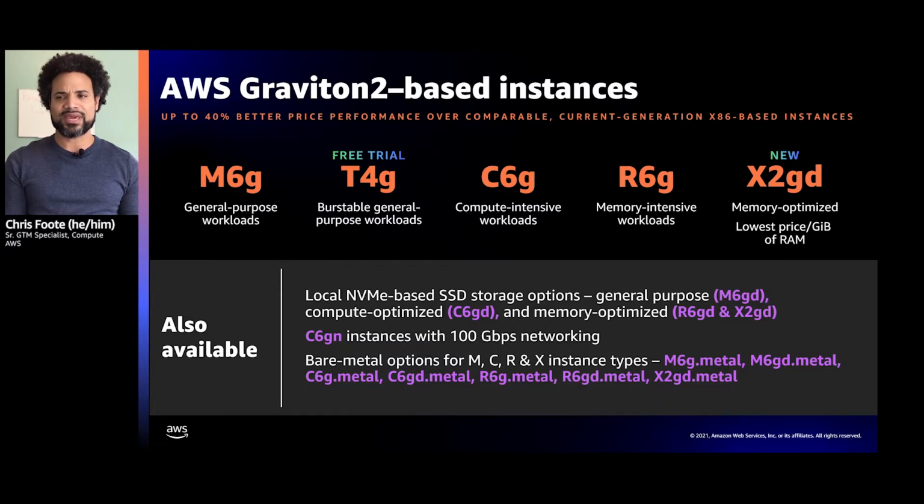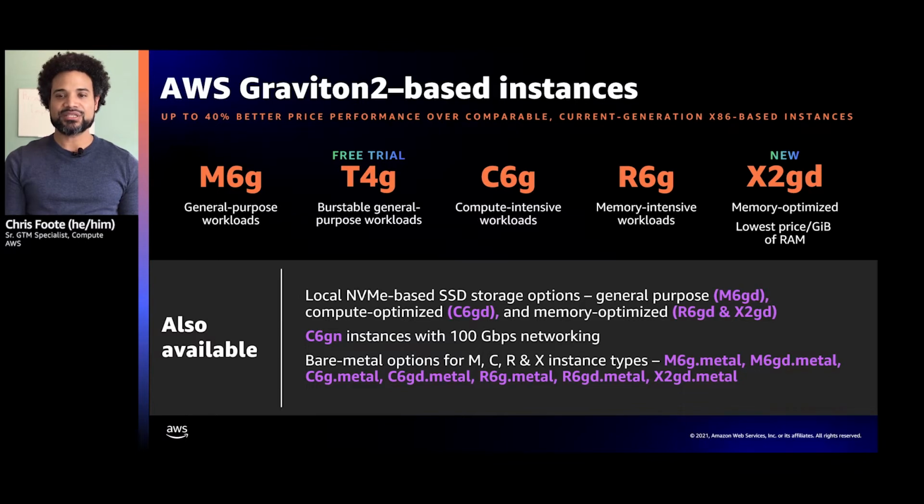So think application servers, mid-sized data stores, microservices, gaming servers, and so on. For the T4Gs, they're suited for more burstable general purpose workloads. And until the end of the year, December 31st, we'll offer the T4g.micros up for free up to $750 a month.